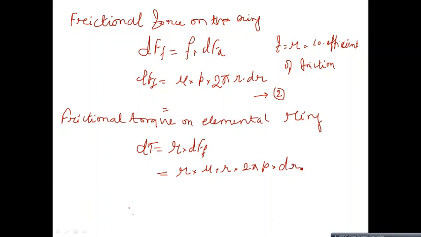It is the radial distance into the frictional force. Now let us substitute the frictional force. This is mu into r into 2 pi into p into dr.